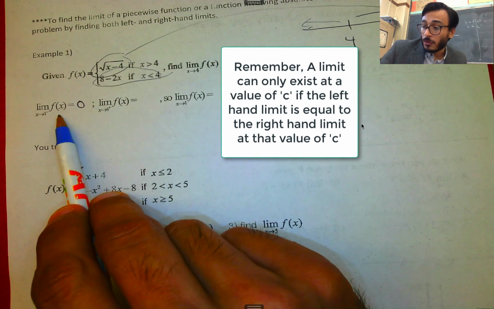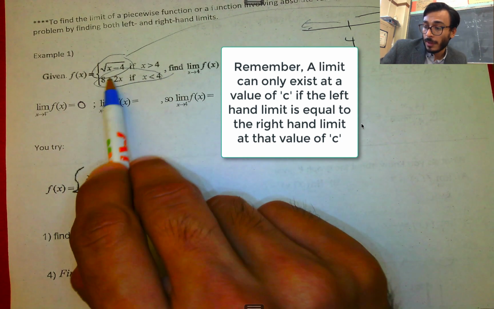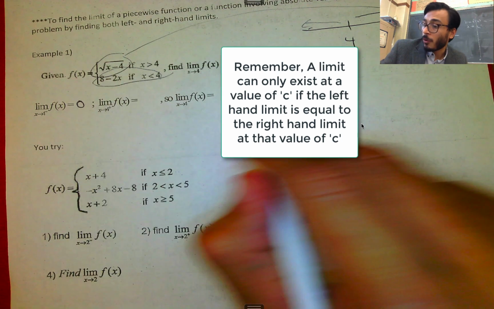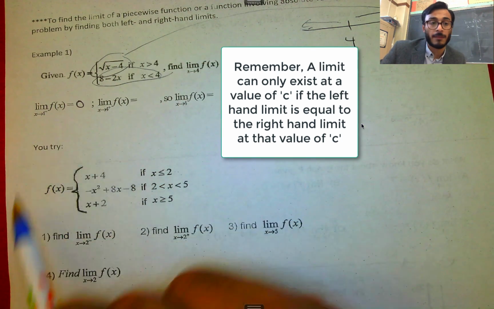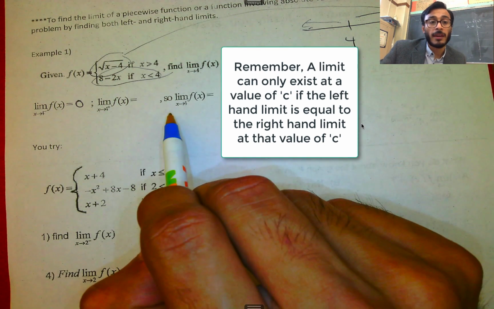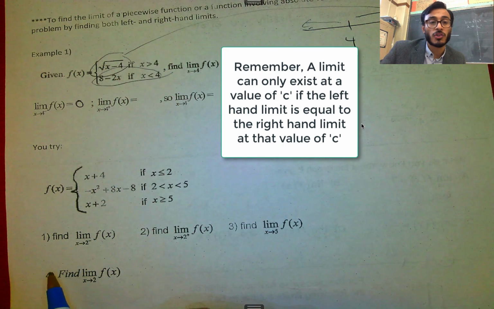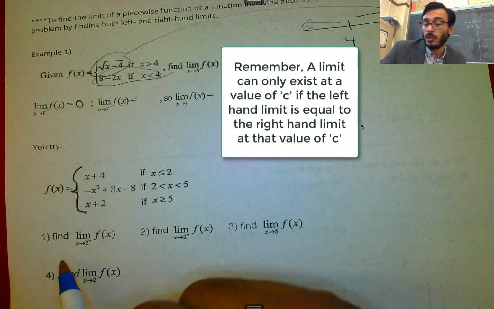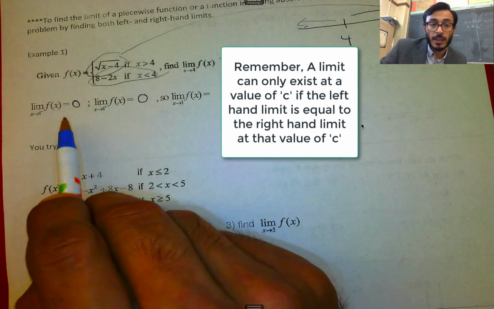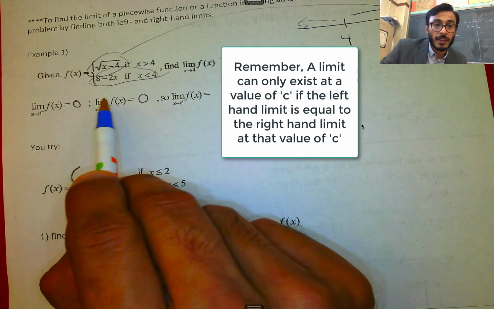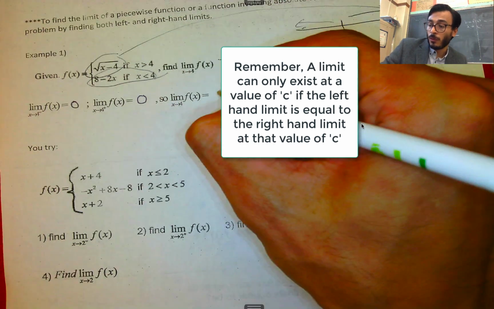I plugged it into this one because this is the function that I should use for when x is less than 4, right? And I'm coming at it from the left.